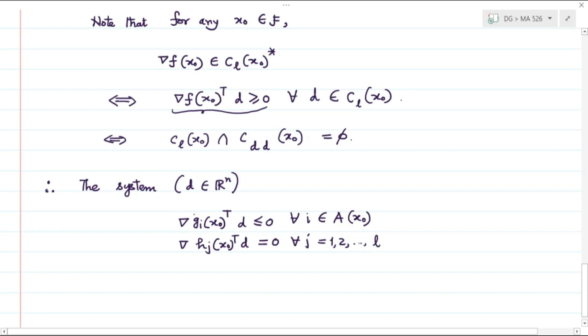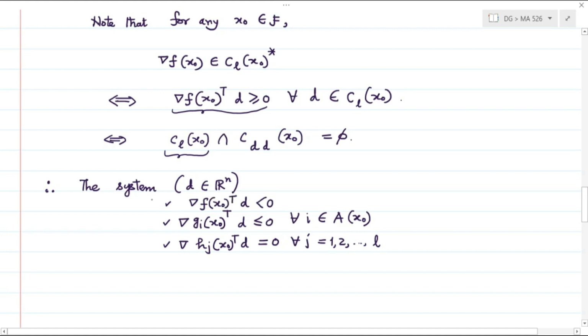That is the definition. The linearizing cone is the set of all d in Rn such that this inequality and this equality are satisfied. And for the cone of descent directions, the definition is gradient of f at x naught transpose d is less than 0. Fine.